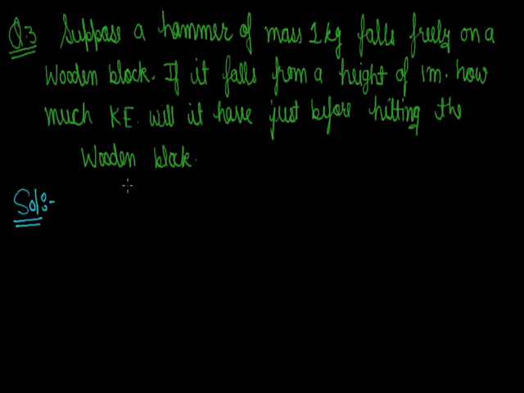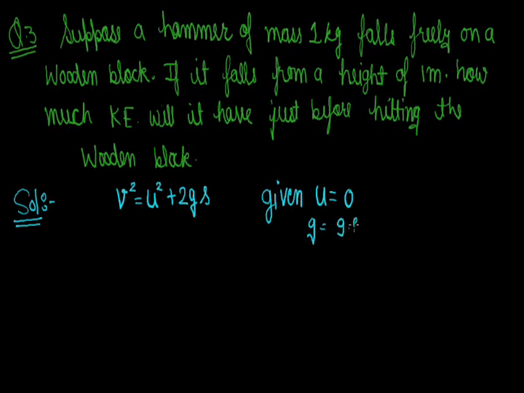So as we know from the equation of motion, v square equals u square plus 2gs. Here u is 0 at the maximum height, g is 9.8 meter per second square, and s is the height of travel of this hammer.